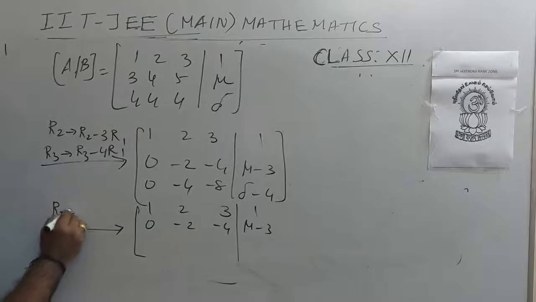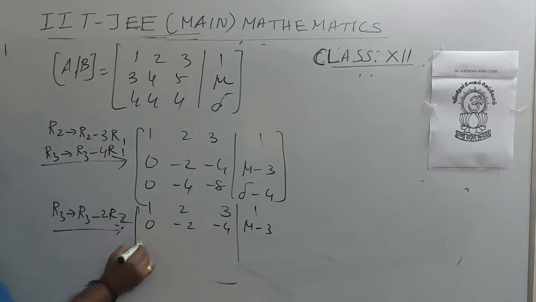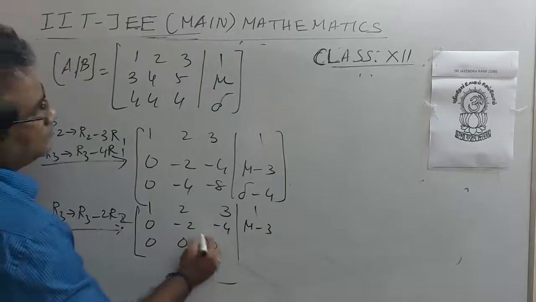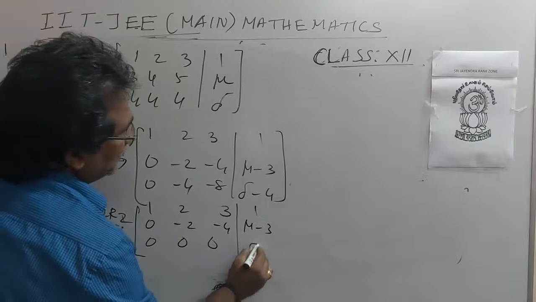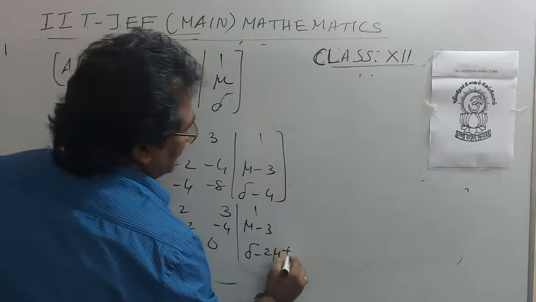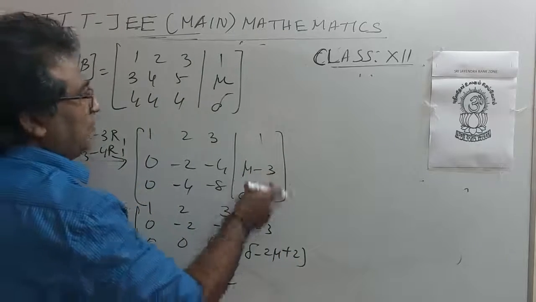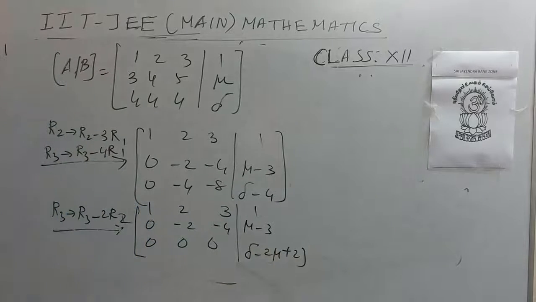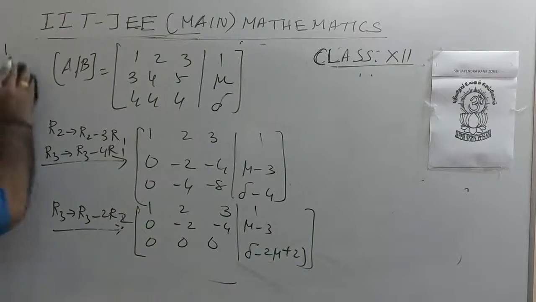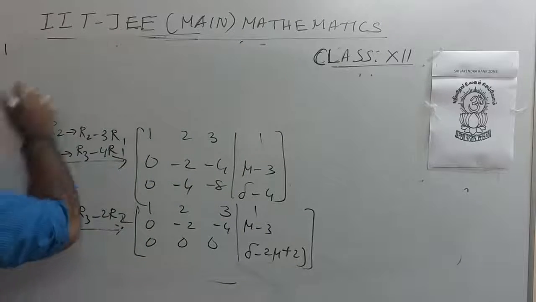So R3 implies R3 minus 2R2: 0, 0, 0, delta minus 2 mu plus 2. They have given that the system is inconsistent.